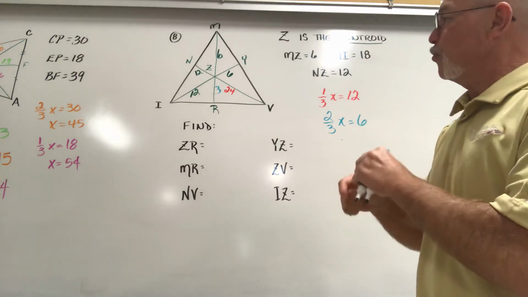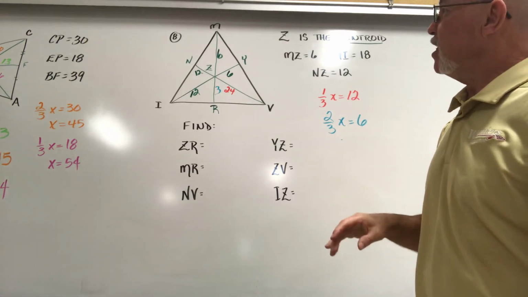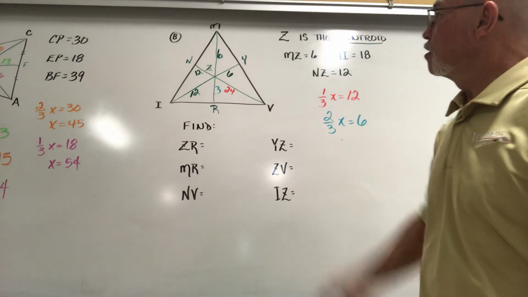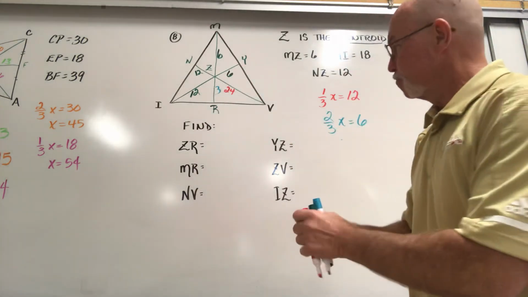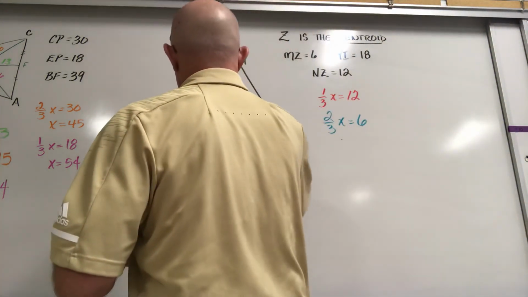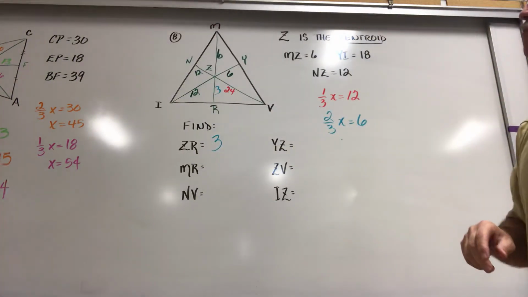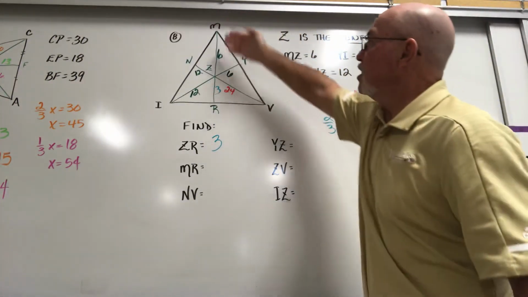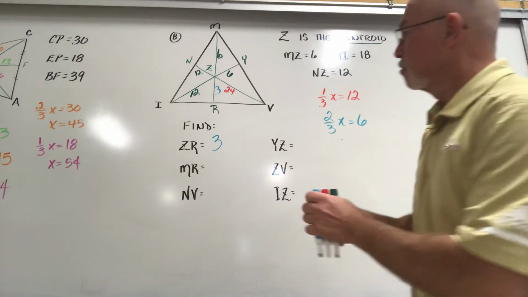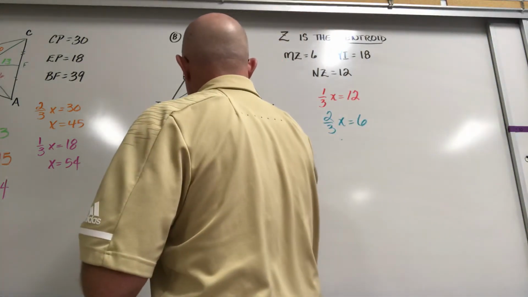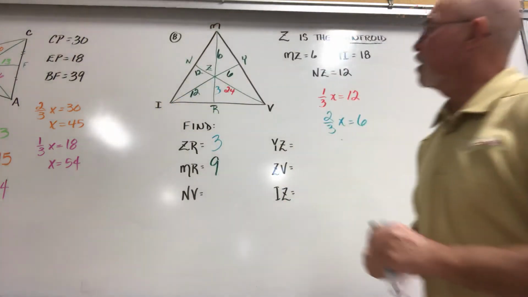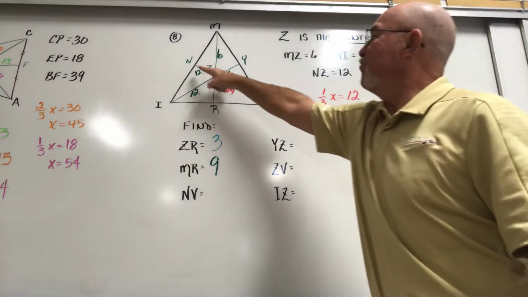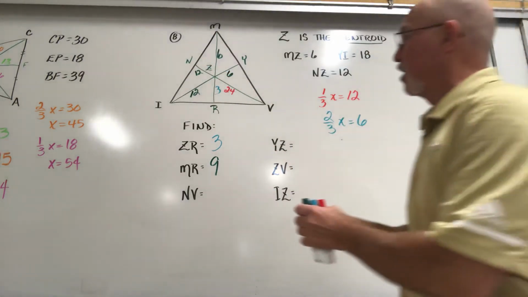So let's go through. ZR is here. MR is the entire length. NV is this entire length.